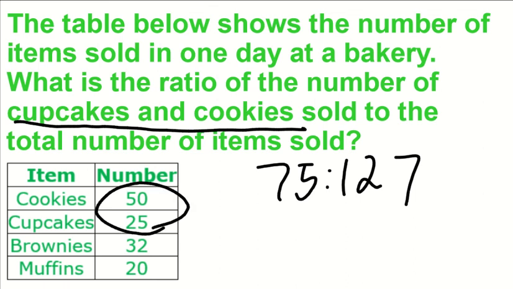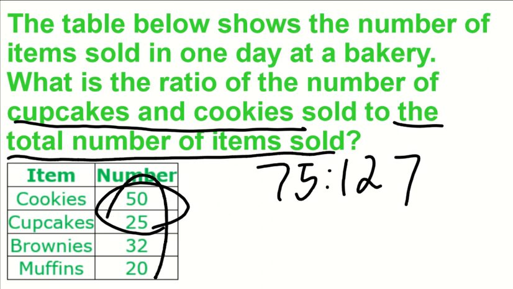So to start with, we got to have both of them. That's where the 75 comes from, 50 plus 25. And then it's to total number of items sold. So just like the ones before, that's everything. So including the cookies and cupcakes. Okay?